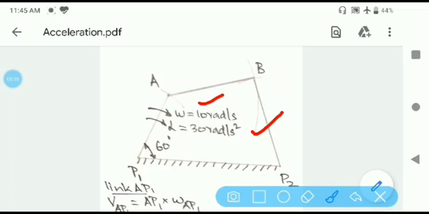You need to find the angular velocity and angular acceleration of the connecting rod AB, and the angular velocity and angular acceleration of the driven link BP2. Also, you need to find the linear velocity and linear acceleration of point B, and that will be taken with respect to the fixed point P2. That is what we need to find.